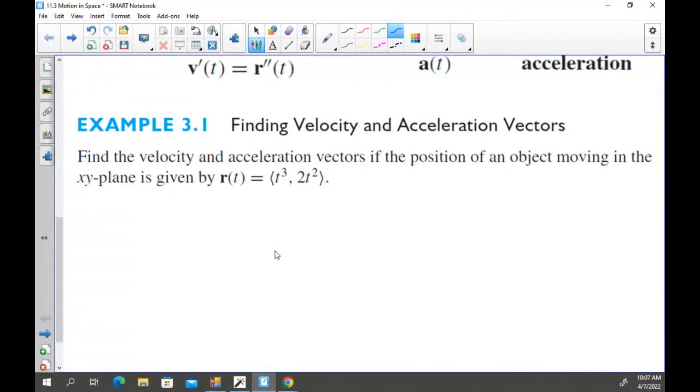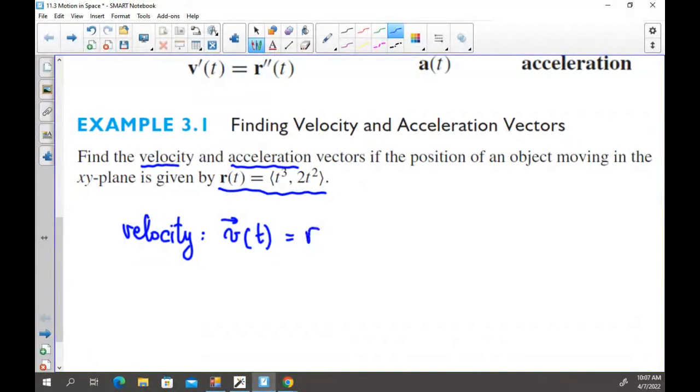Okay, here is the first example, very simple. Find the velocity and acceleration vectors if the position is given by r of t. Now, in this question, are we in 3 dimensions or 2 dimensions? 2, you can see the position vector only has 2 components. So then the velocity v of t, it's a vector, so I can put an arrow.